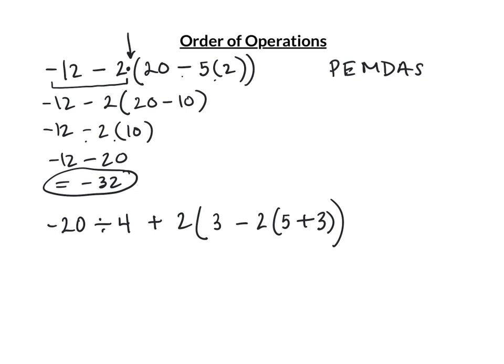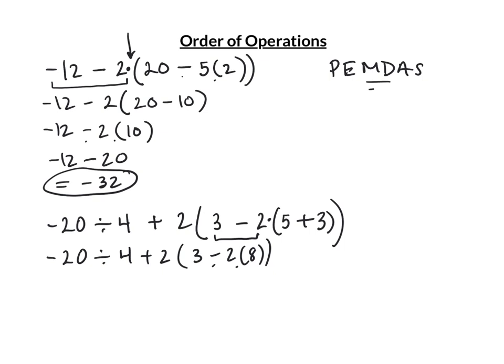Last example. I've got parentheses. Let's do that first. Negative 20 divided by 4 plus 2. In the parentheses, I have more parentheses. And I can't take 3 minus 2 because there's times right here. So this is 3 minus 2 times 8. In the parentheses, I have subtraction and multiplication.